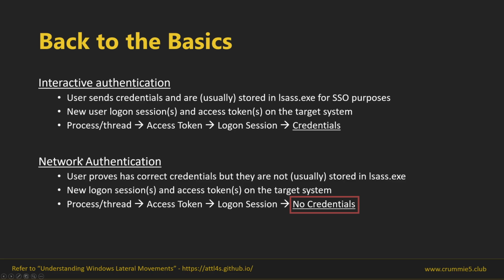In network authentications, the user proves that he has correct credentials, but they are not usually stored in LSASS. So the relationship is the same, but for network authentications, we don't usually have credentials.